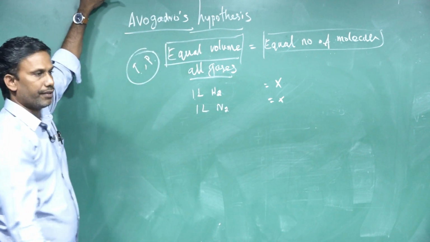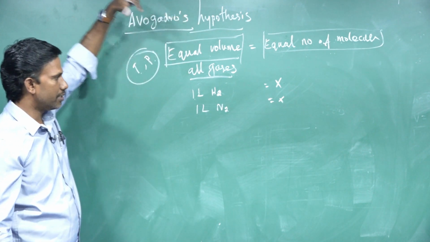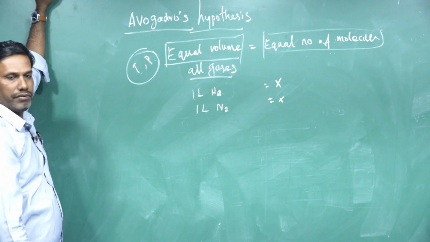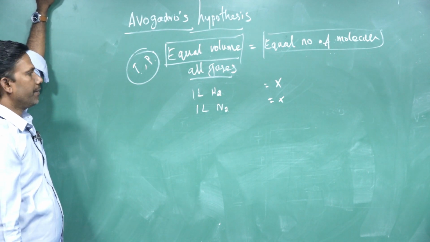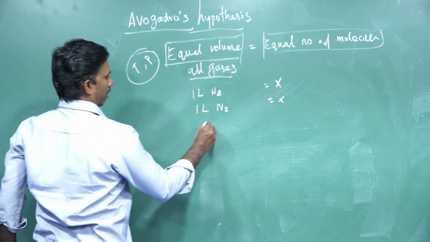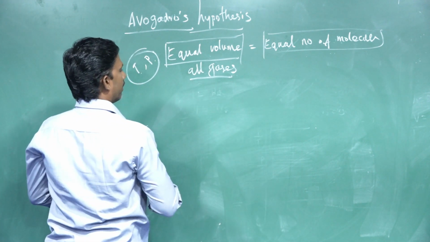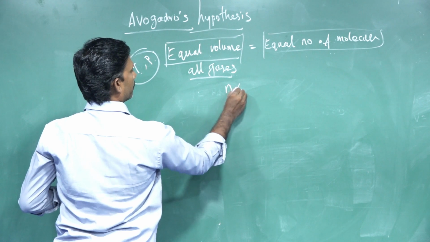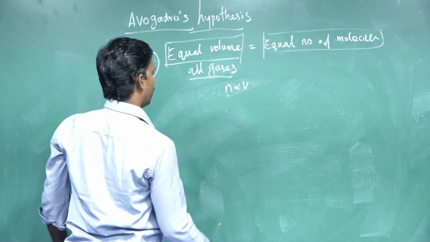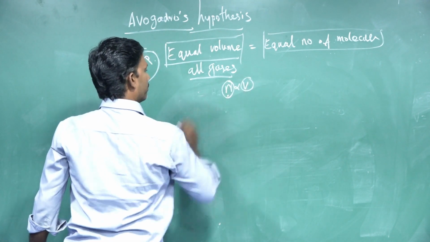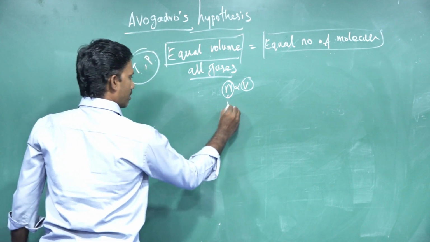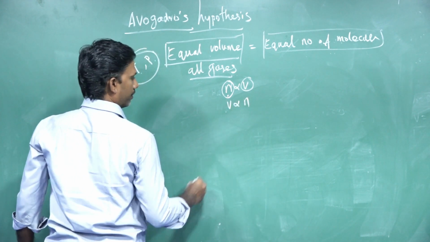That means equal volume of all gases will have an equal number of molecules. So it can be simply expressed mathematically like this. N is directly proportional to V, where N is the number of moles and V is volume. Or V is directly proportional to N.